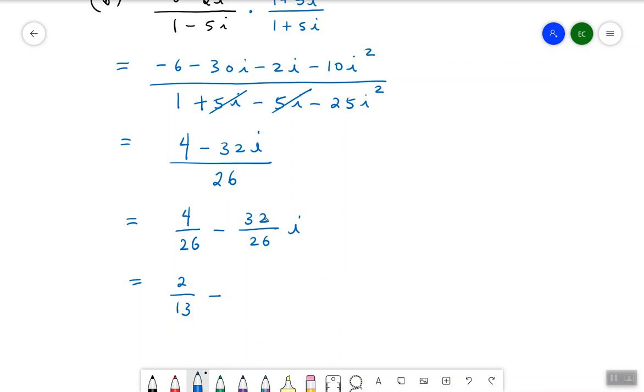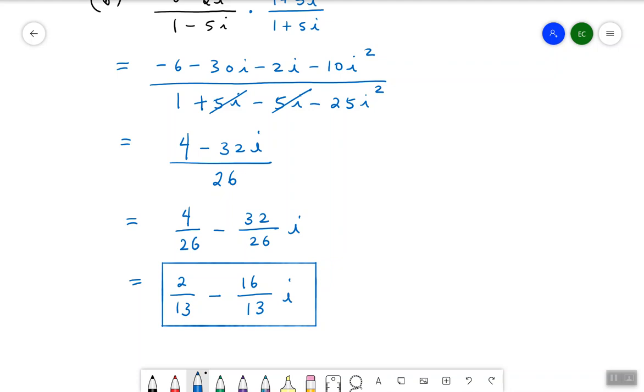And then if we did 2 into 32, we would get 16, and 2 into 26, we would get 13 again. So for our final answer, we have 2/13 minus 16 over 13 times i.